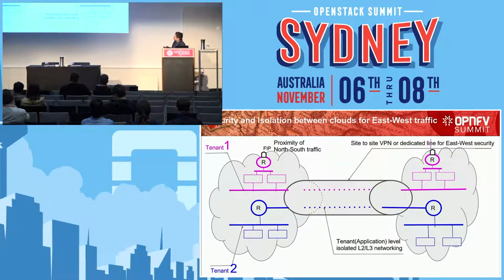And the north-south traffic can be handled locally or by the floating IP in the north-south router. But east-west traffic can go through the bridge network.